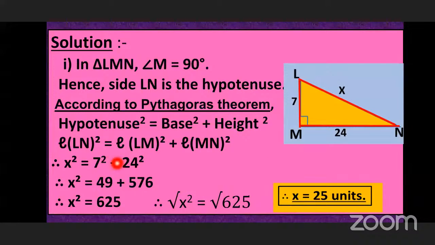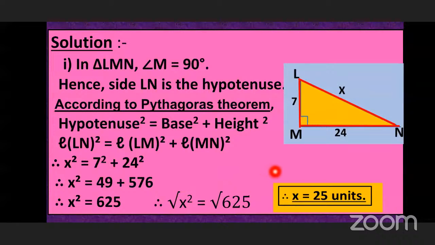Understood? See, children, the square of 7 is 49 and the root of 49 is 7. By multiplying 7 two times we get 49. In the same manner, by multiplying 25 two times, we get 625. So 25 is the square root of 625.